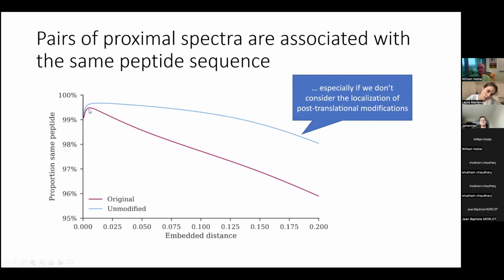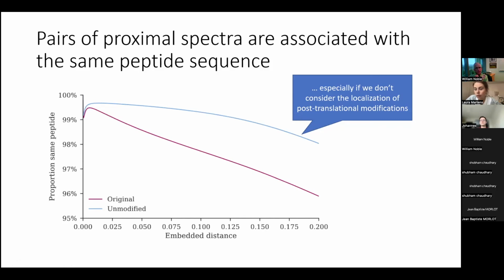And the second line here considers the localization of post-translational modifications. That's something I haven't really touched on yet, but the idea is some peptide sequences have additional molecular groups that can attach to them, like a phosphorylation or an oxidation, for example.